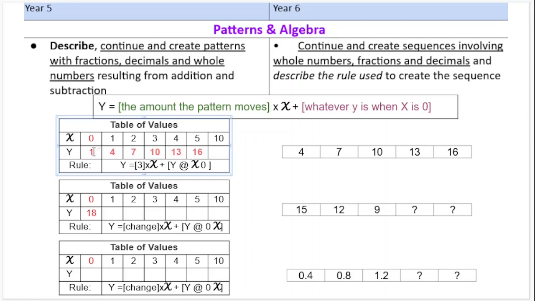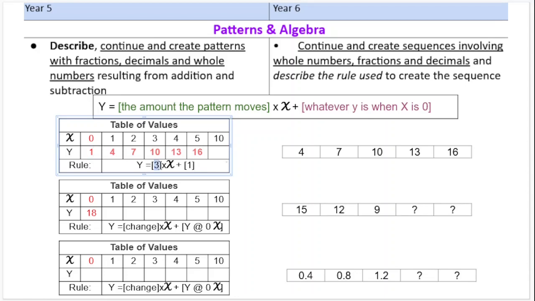So 1 is going to sit there. So this number here is just going to be whatever it says at y when x is 0. So in this table, in our pattern, it is 1. So we're just going to change that to 1. So whatever goes in that section is this box.